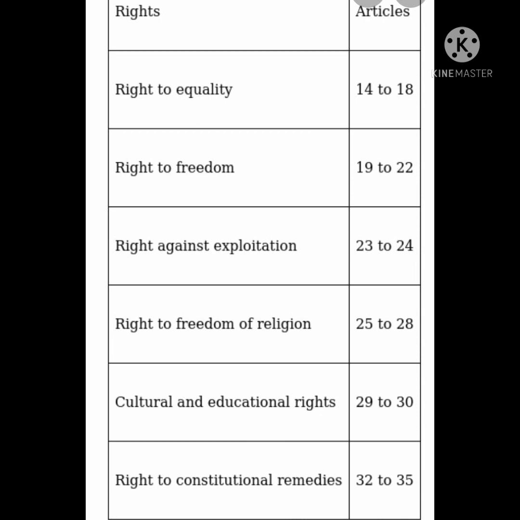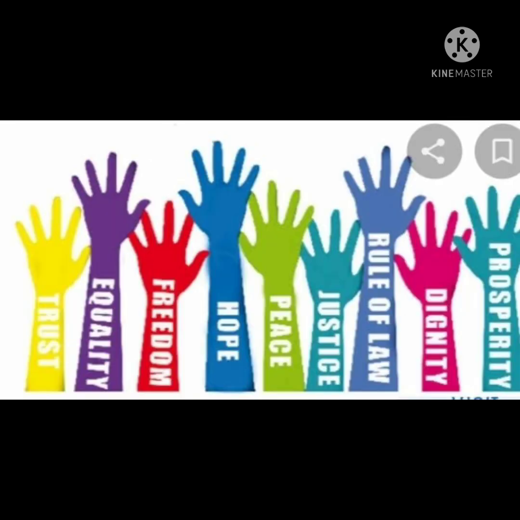Right to freedom of religion, Articles 25 to 26, 27 and 28. Cultural and educational rights include Articles 29 and 30. And at last, right to constitutional remedies includes Articles 32 to 35.